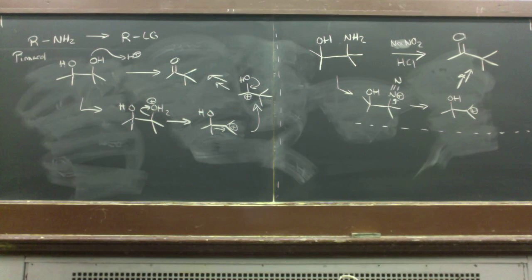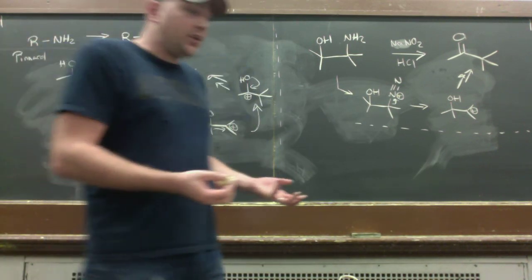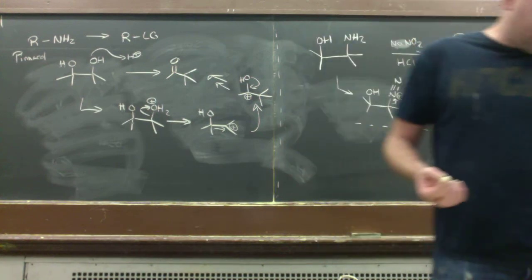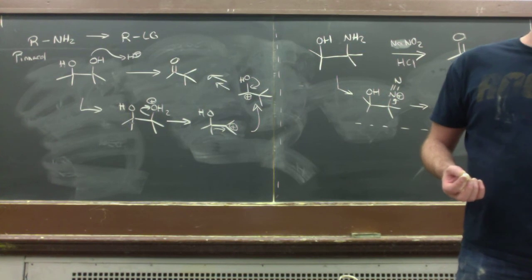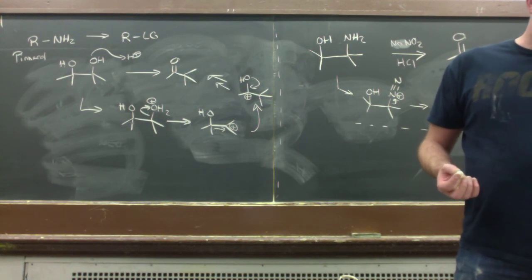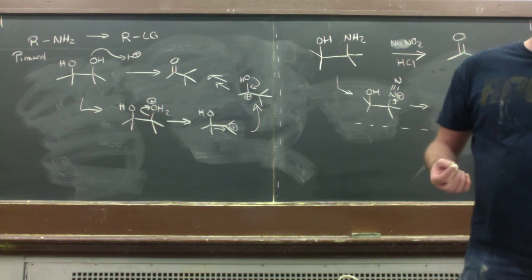Now, where pinacol type rearrangements can often be challenging to students, and where it shows up to a certain extent in the book, and the examples that the book gives of this process, involves reactions where you actually have cyclic systems. So we'll go through the example in the book, right?